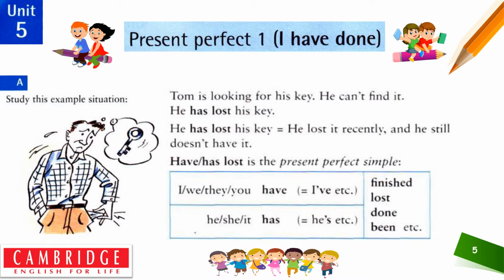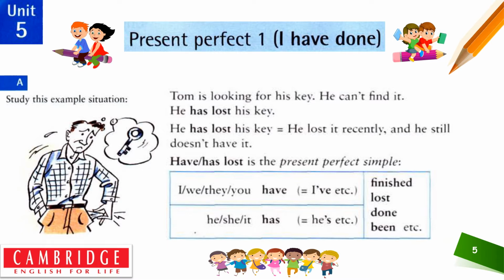Now, secondly, we have the structure, the word order. First, we have the pronouns, and then you have two words, auxiliary verbs, have or has, plus past participle. We use have for I, we, they, you, plus past participle.